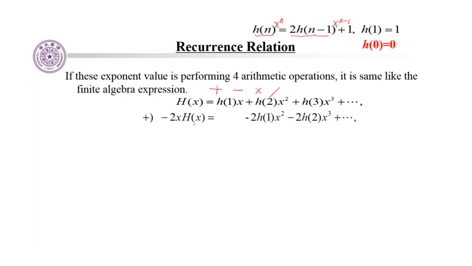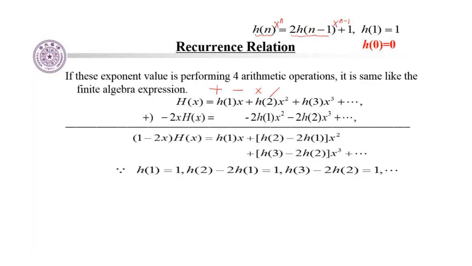Thus, we can design another term called 2x times h(x). In this way, through addition and subtraction between two generating functions, we can eliminate some of the elements by using the recurrence relation. For example, we can see the left side formula, which will be h(x) minus 2x h(x).